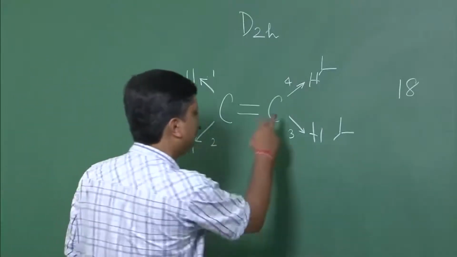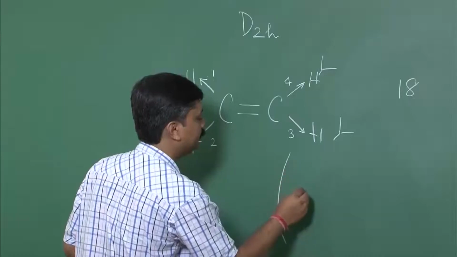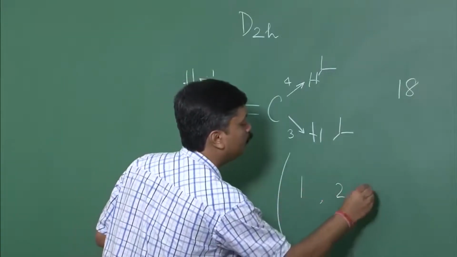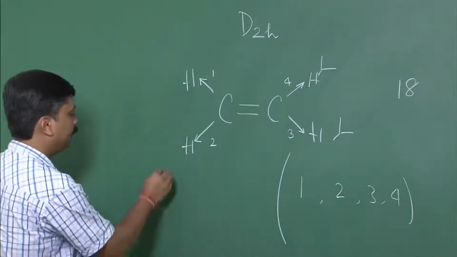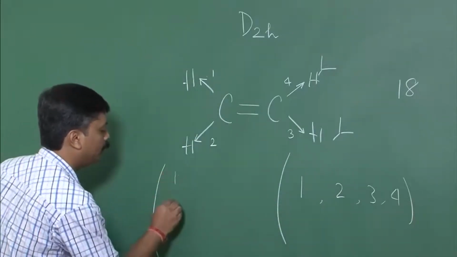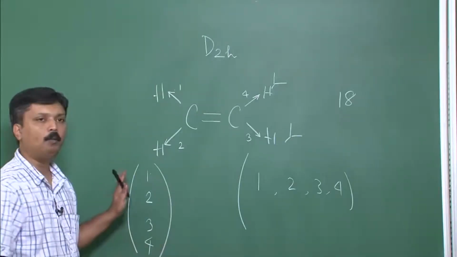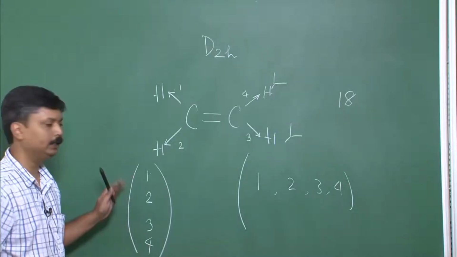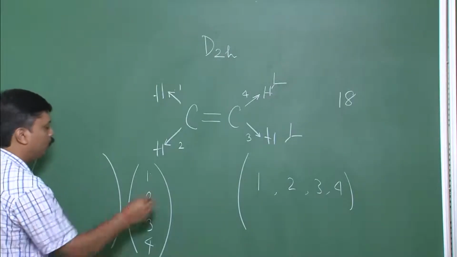So in this particular case, my bond basis set is 1, 2, 3 and 4, and I can represent that as a column vector like 1, 2, 3 and 4. And suppose I operate identity operation on this. So identity operation will have its matrix.